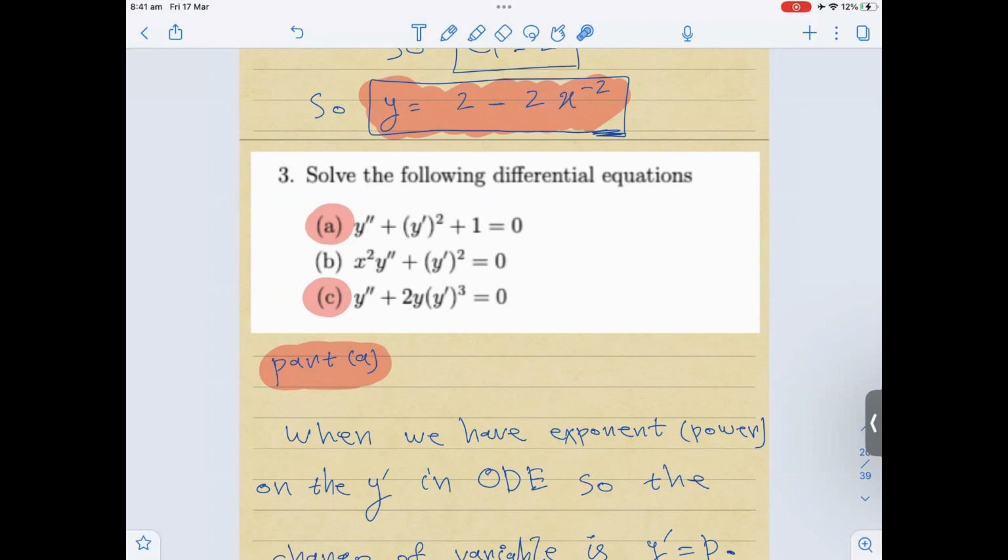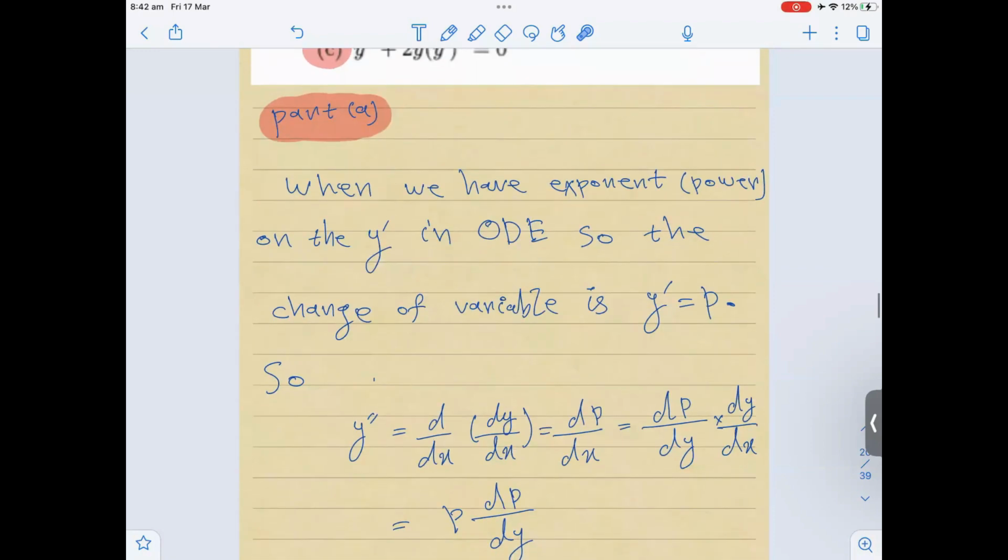If there is x, then y double dash will be just p prime, simple. But if there is no x, y double dash will be p prime times p. So let's see why. Y prime equal p, so y double dash is dp over dx. I will use the chain rule.